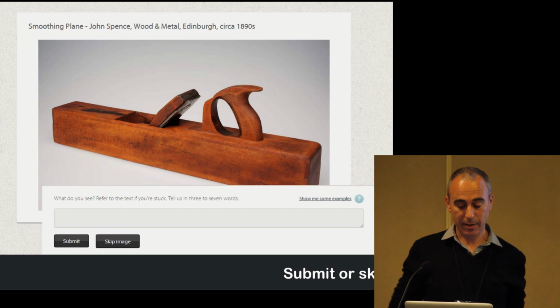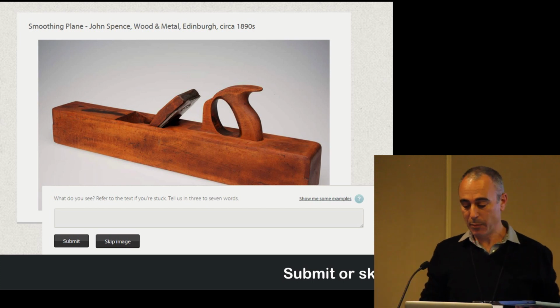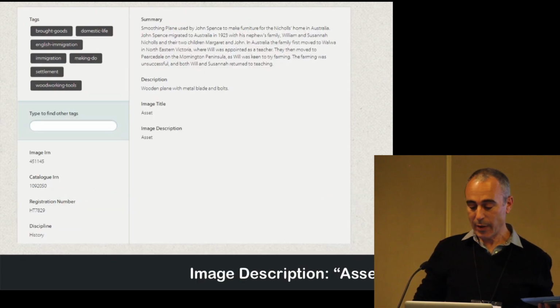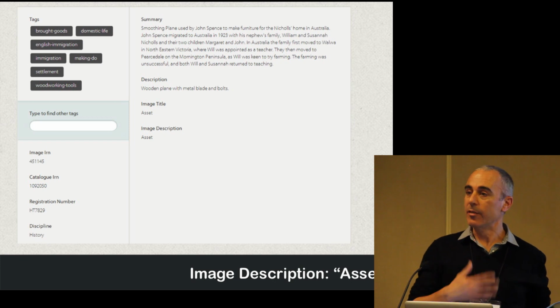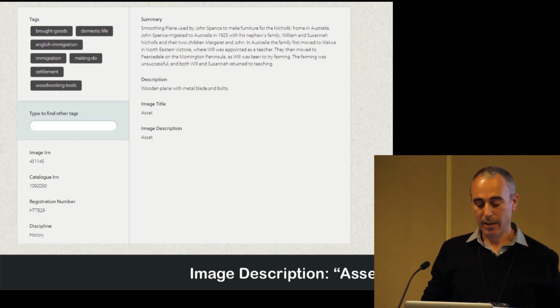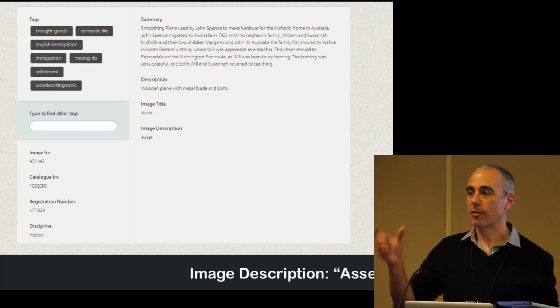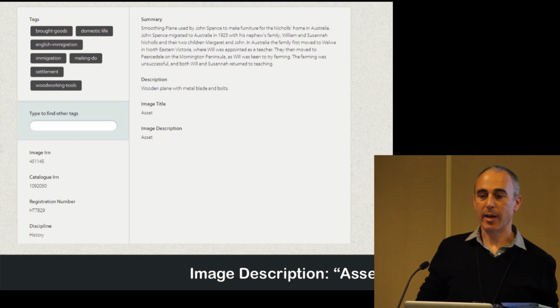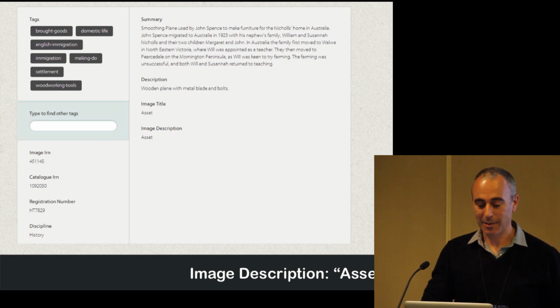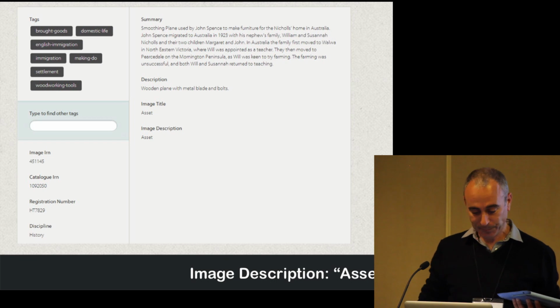Here you can see the simple form that someone needs to fill out to add a description, and some of the associated data that they can draw from to help them with their task. You'll notice in this particular case the image description is described as "asset", because that's just the default that comes from our collection management system.